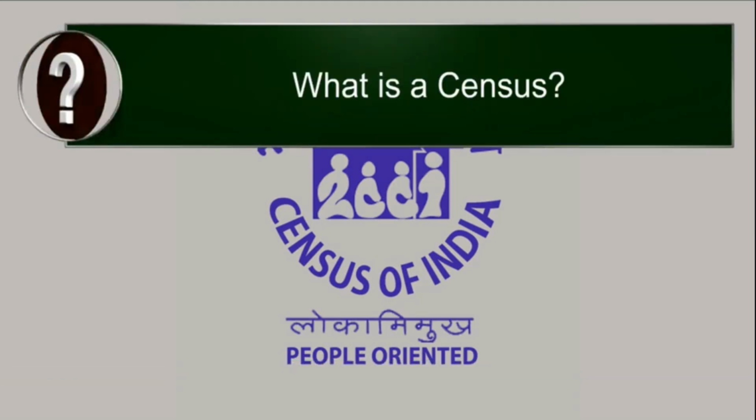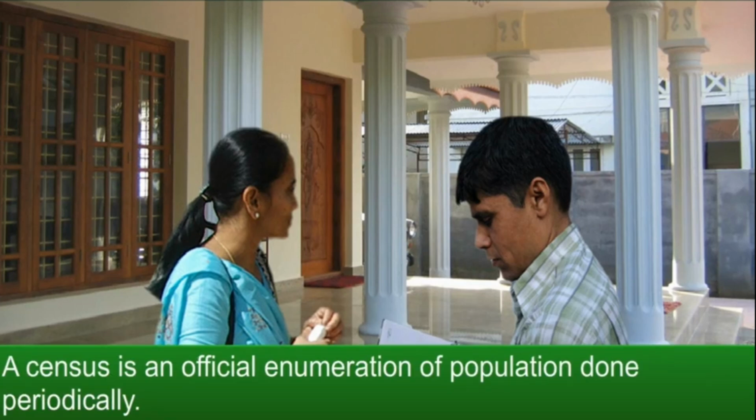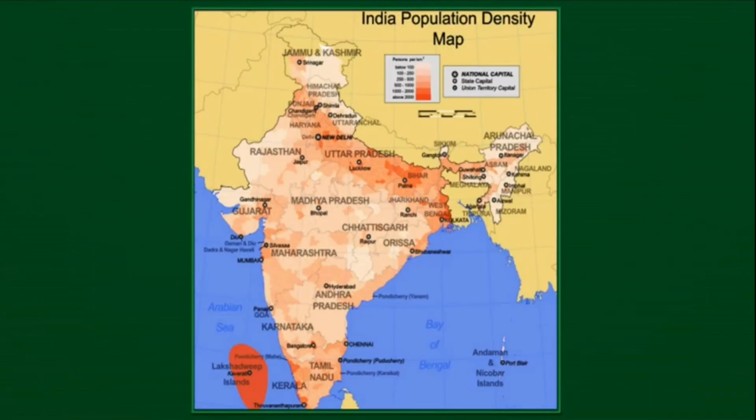So, what is a census? A census is an official enumeration of the population of a country that is recorded periodically. The Indian census is the most comprehensive source of demographic, social, and economic data of India.